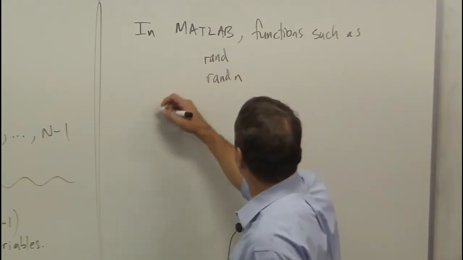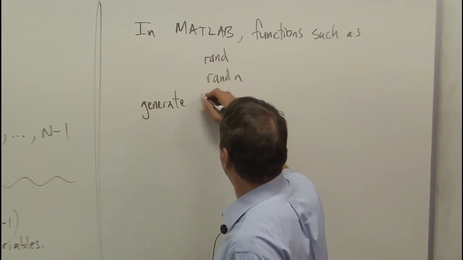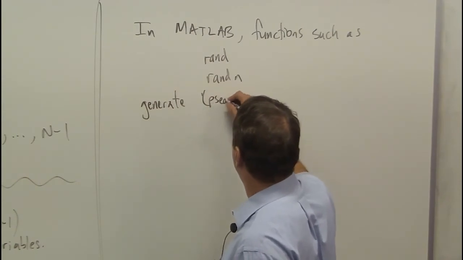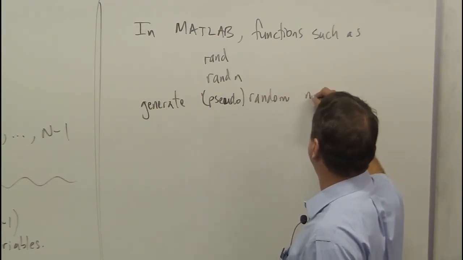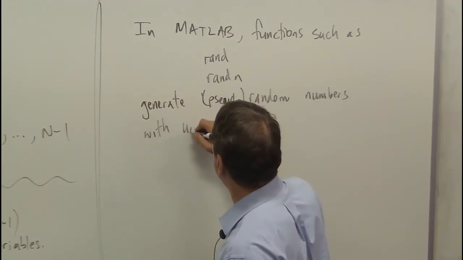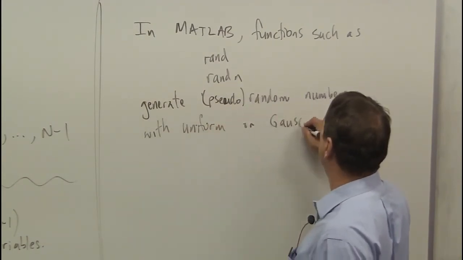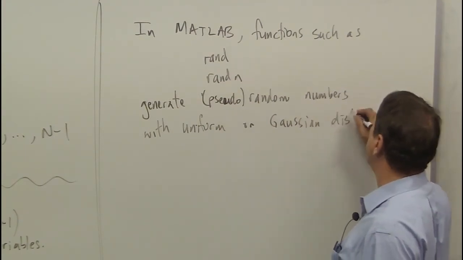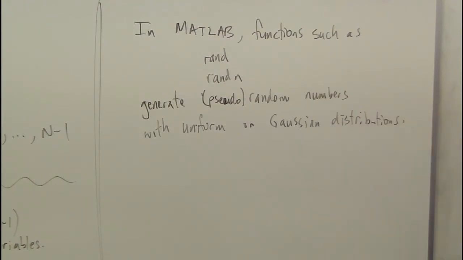These things help us generate pseudo random numbers with uniform or Gaussian distributions. And then you can scale them and shift them to adjust the mean and the variance and so forth. Okay?